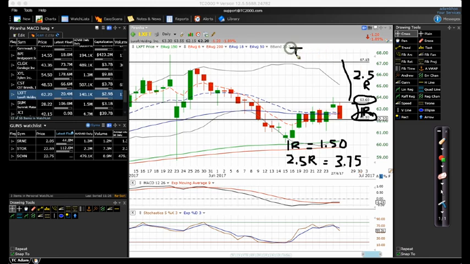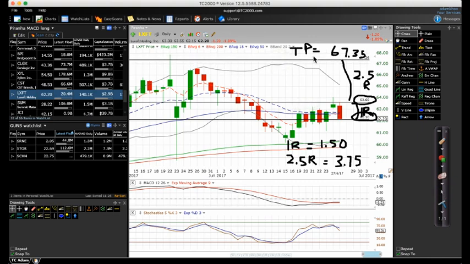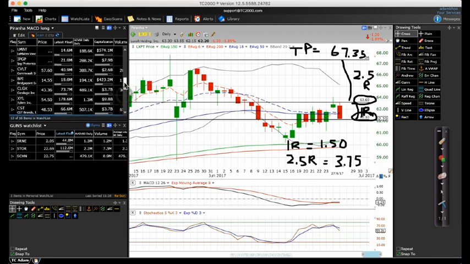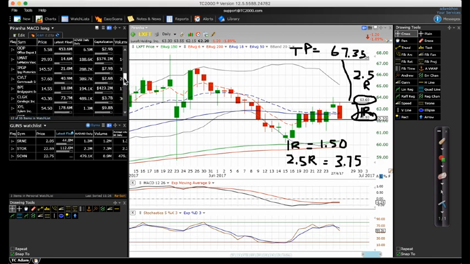So my target price would be 67.35, right about there. Right? So there you go. So LXFT could be a potential trade as well. All right. Great. All right. So we have got LMAT, LXFT, two potential trades.